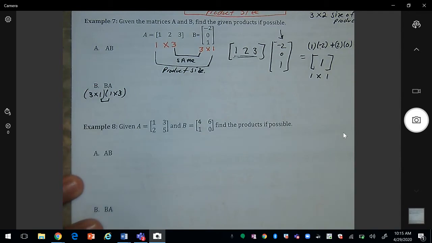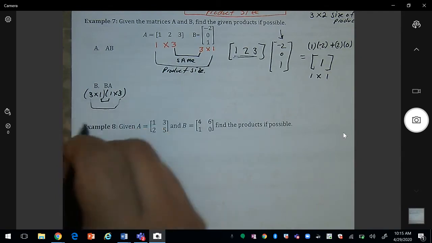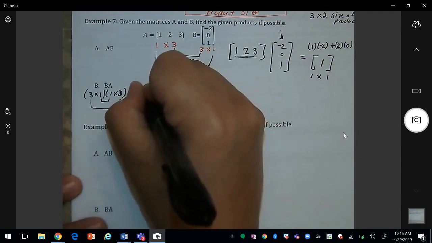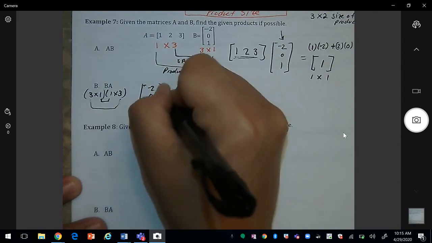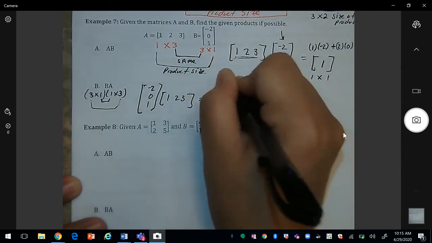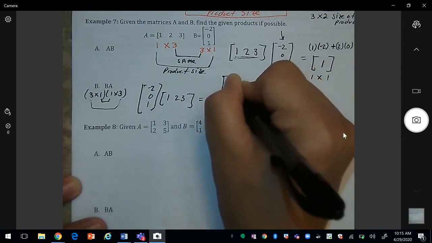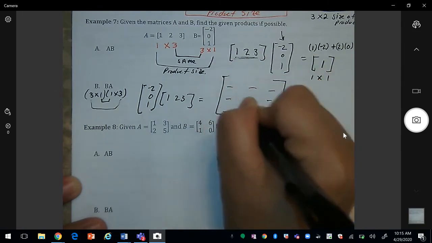So we can multiply. And our resulting matrix should be a 3 by 3. So here we're going to have B times A. And this is going to result in a 3 by 3 matrix.